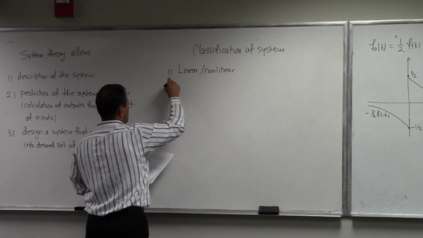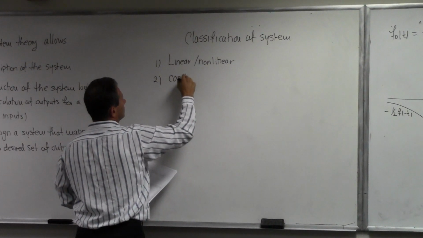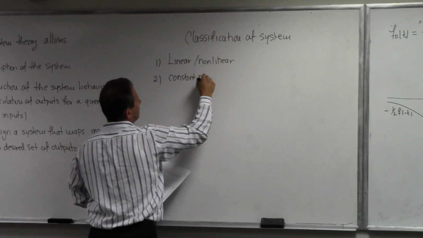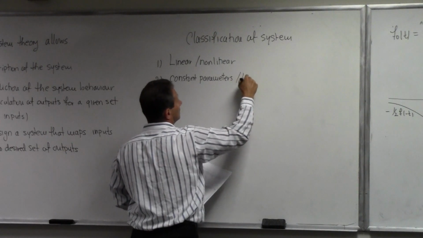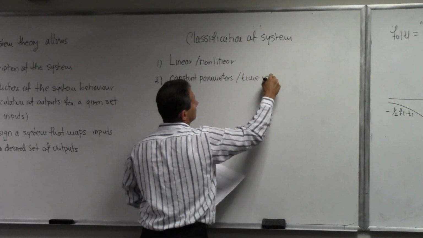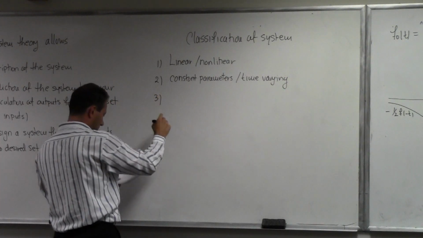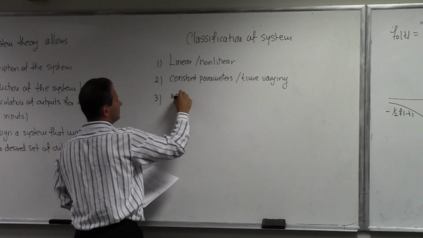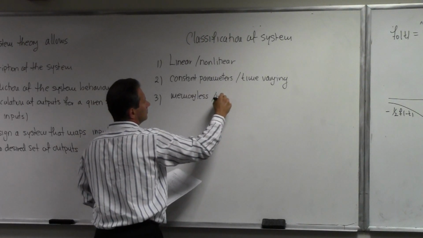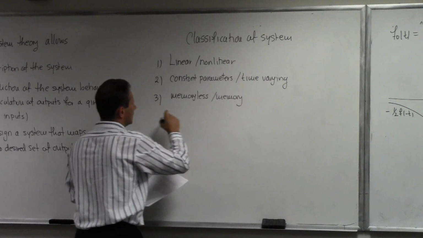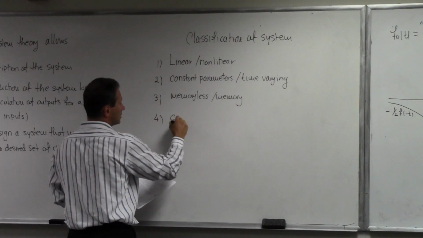The second classification is constant parameters versus time varying. The third classification is memoryless or with memory. The fourth classification is causal, non-causal.